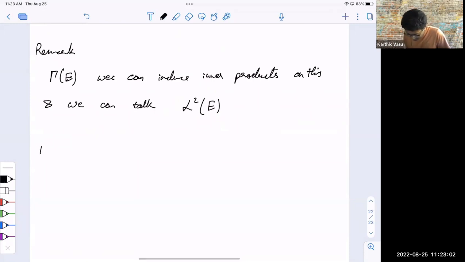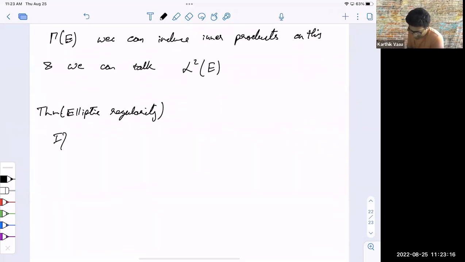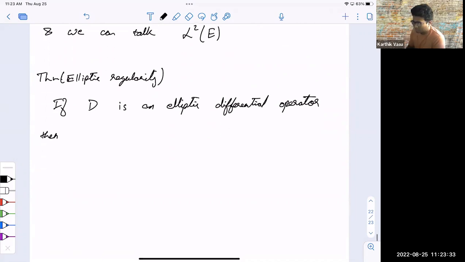But the theorem is called elliptic regularity. If D is an elliptic differential operator, then we have certain properties for its solutions.